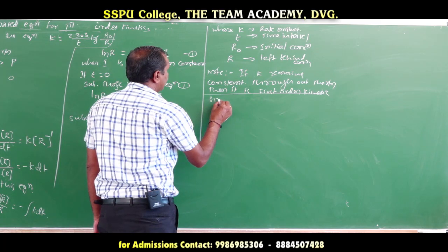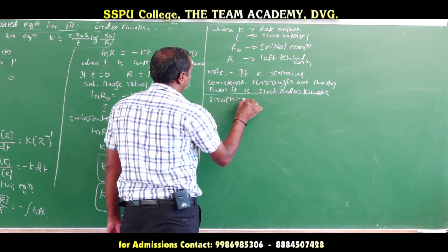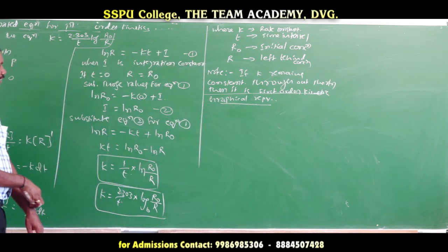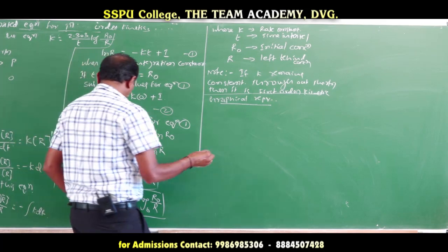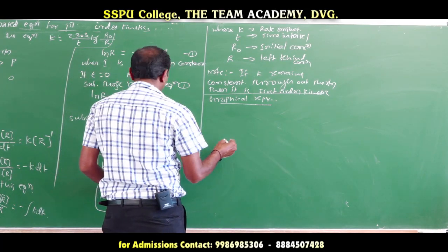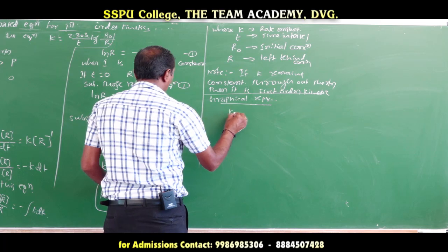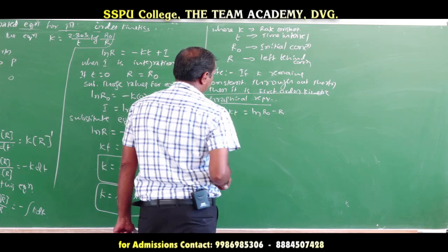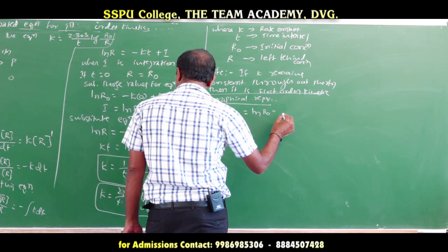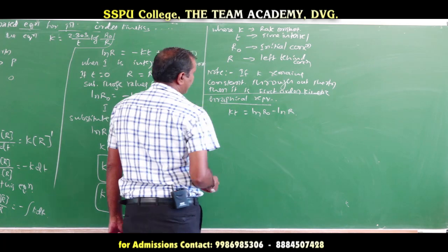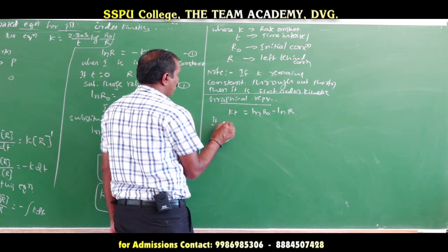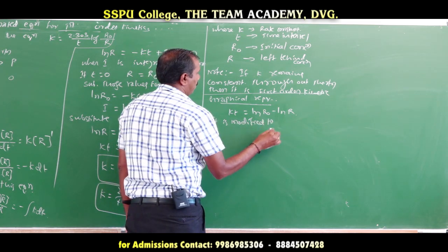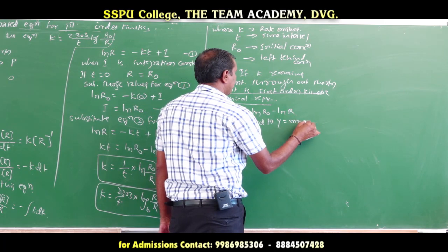So the graphical representation for that equation is, we know that kt equals ln R naught minus ln R. I can rewrite it as y equals mx plus c.